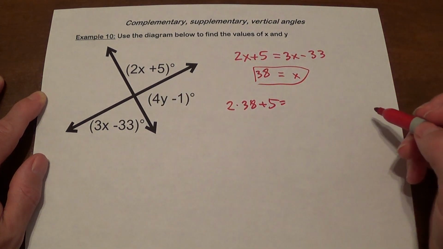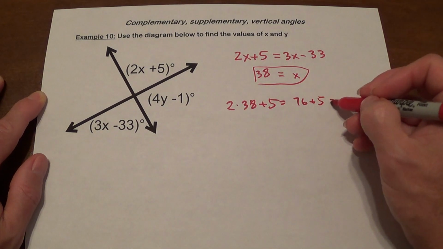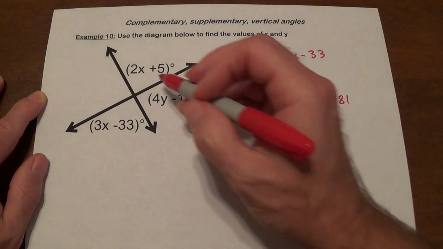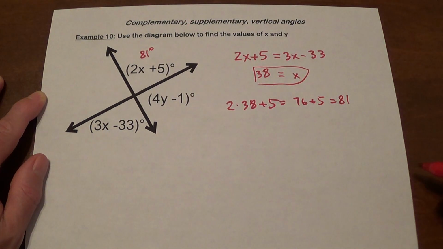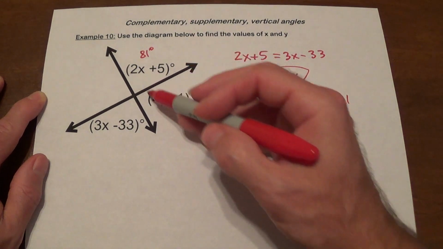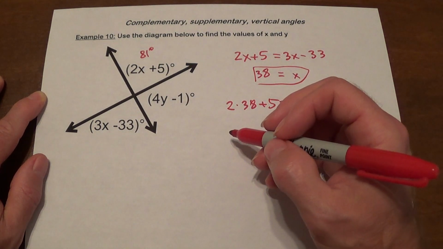So 2 times 38 is 76, and 76 plus 5 is 81. That means this angle here is 81 degrees, right? And this angle and that angle are going to be supplementary, which means they add up to 180.